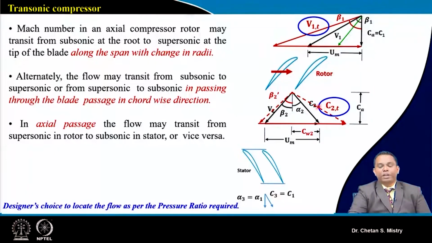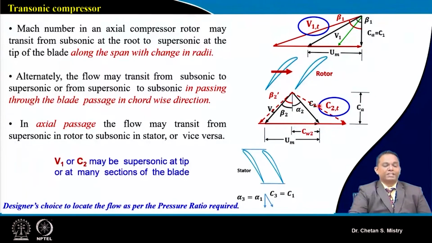It may be possible that my absolute Mach number will be larger, and that gives my flow entering the stator also to be supersonic. So we can say V1 or C2 may be supersonic at the tip or at many sections of the blade. This is a designer's choice, based on what kind of pressure rise he or she is expecting from a particular rotor and stator or for the stage.